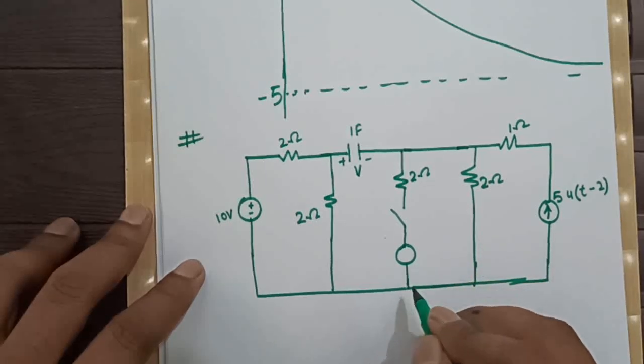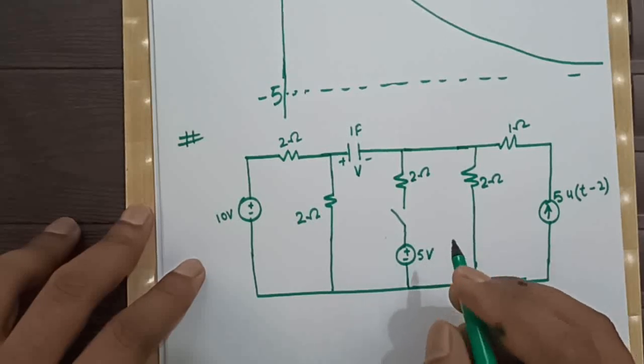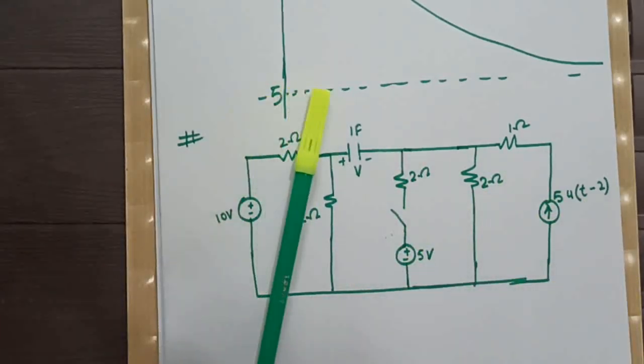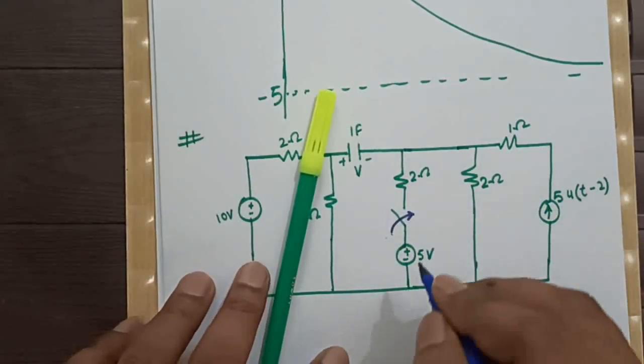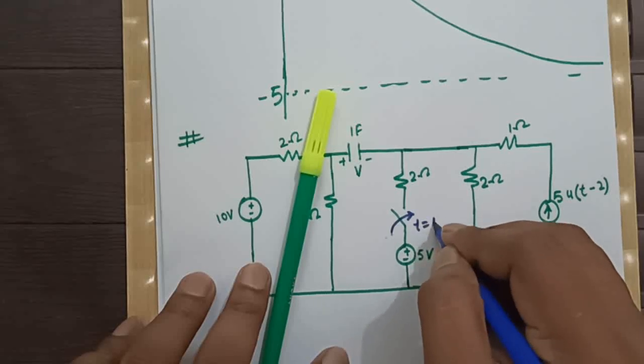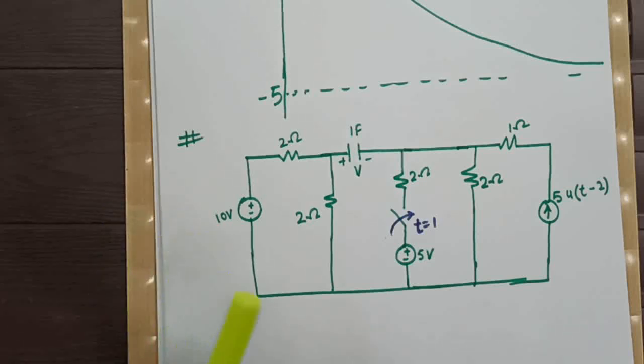This voltage source has the value of 5 volt, and this switch is getting closed at t equal to 1 second. Clear? Now let me check once again. This is 10 volt, 2 ohm, 2 ohm, plus or minus V, 1 farad. At t equal to 1, the switch is getting closed across the 2 ohm resistor through 5 volt, 2 ohm, this is 1 ohm, this is 5 u of t minus 2, this is the current.